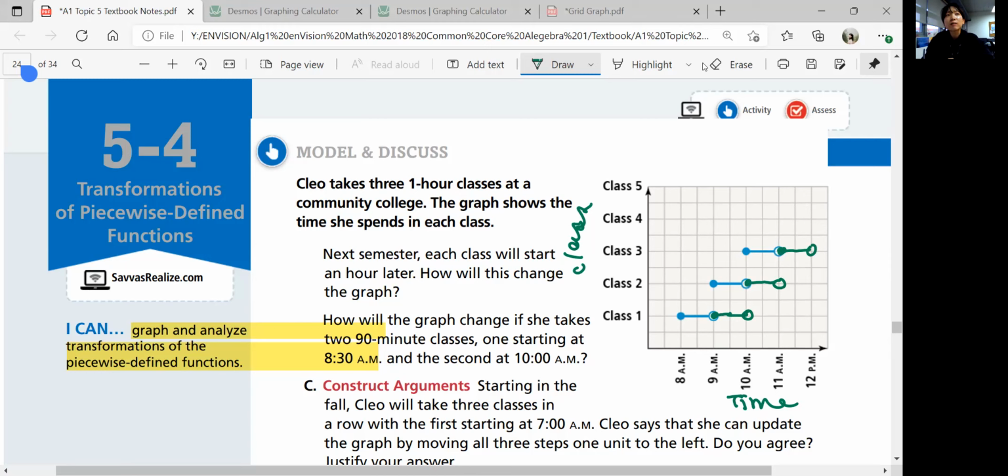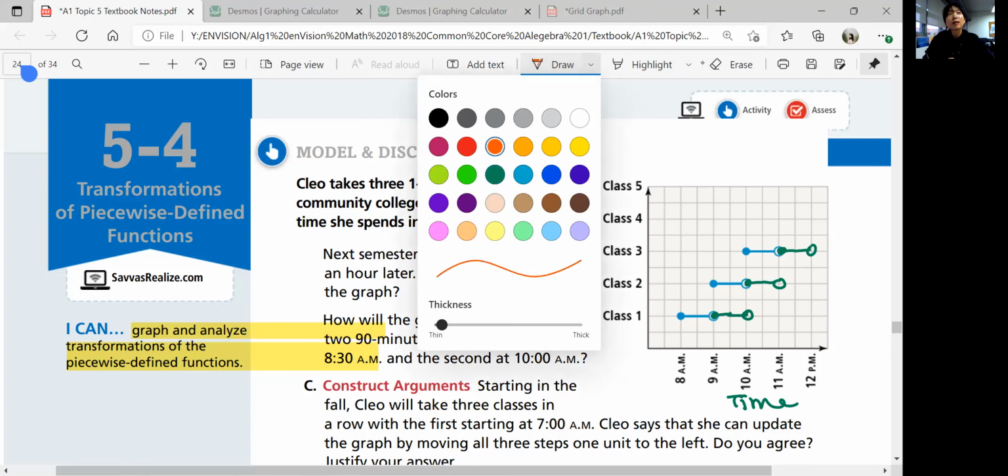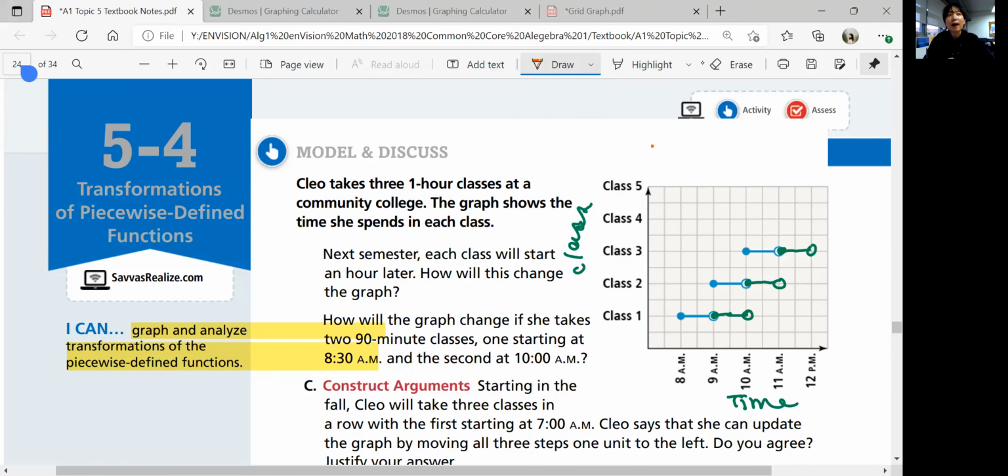How will the graph change if she takes 2 90-minute classes, one starting at 8:30 a.m. and the second at 10 a.m.? So what if she has 2 90-minute classes? So an hour and a half, right? Starting at 8:30, class 1 could start here, but it's 90 minutes, so it ends at 10.